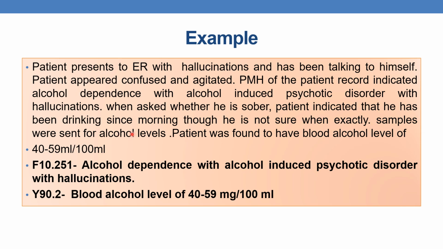Samples were sent for alcohol levels and the patient was found to have a blood alcohol level of 40 to 50 ml per 100 ml. So here first you need to code F10.251, alcohol dependence with alcohol-induced psychotic disorder with hallucinations, followed by Y90.2, blood alcohol levels of 40 to 50 ml per 100 ml.